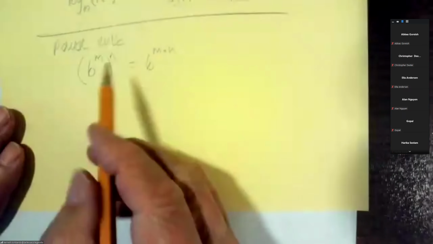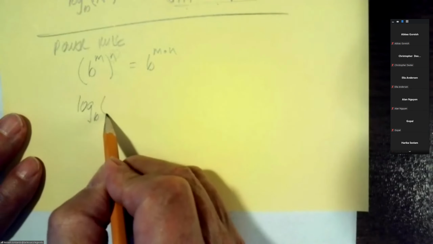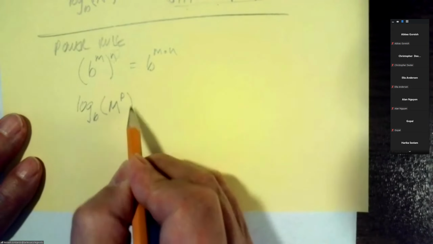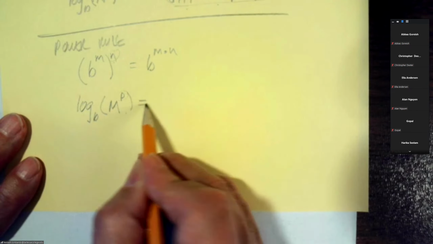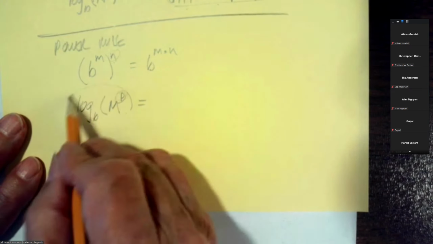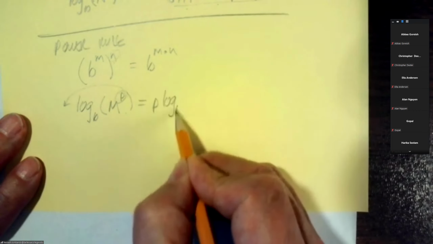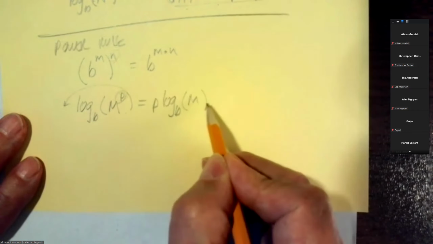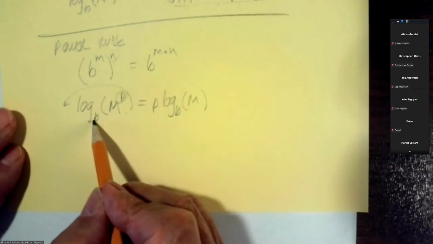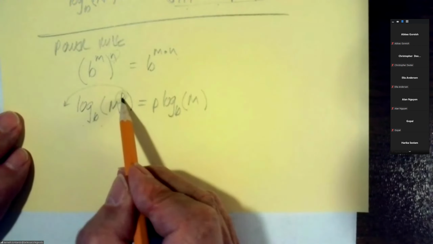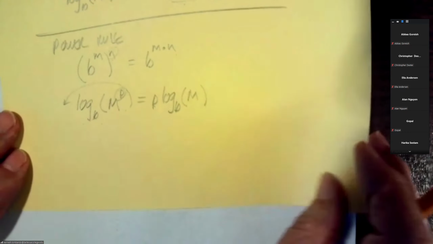When we do that with logs, if I have a log to some base b of m, and that's raised to some p power, I'll use p for power, then this exponent becomes a multiplier, and that becomes p times the log of m. So that's the power rule. In exponents it looks like this, and in logs it looks like this, where this exponent becomes a multiplier. Okay, questions on that?